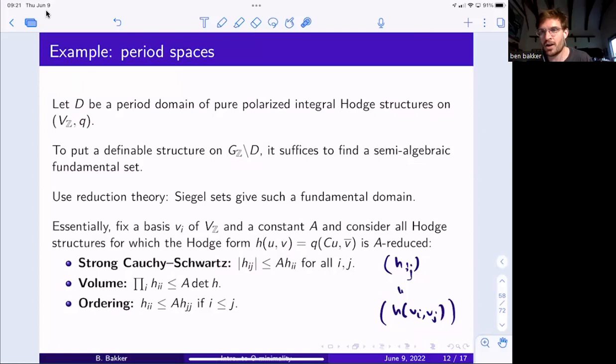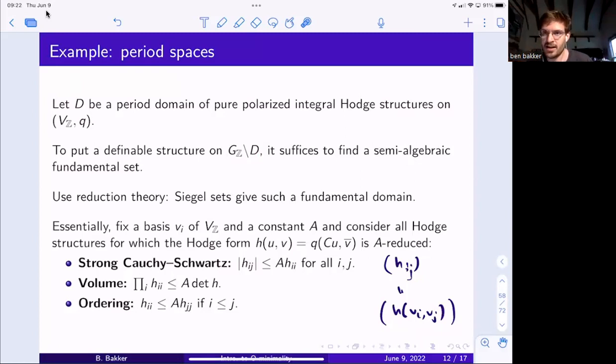And that's really where we get some mileage out of this theory, because you should view the structure of a definable complex manifold as sitting in between an algebraic structure and a full-blown complex manifold structure. Nicer than a complex manifold structure, but not quite as nice as an algebraic structure.